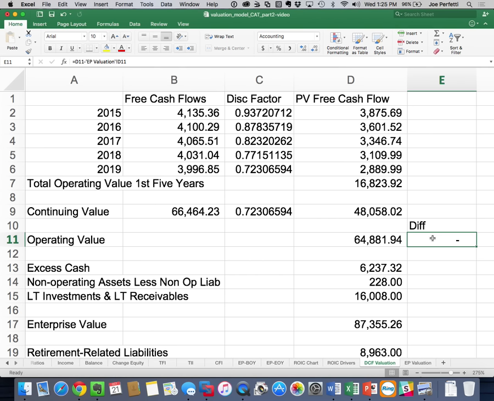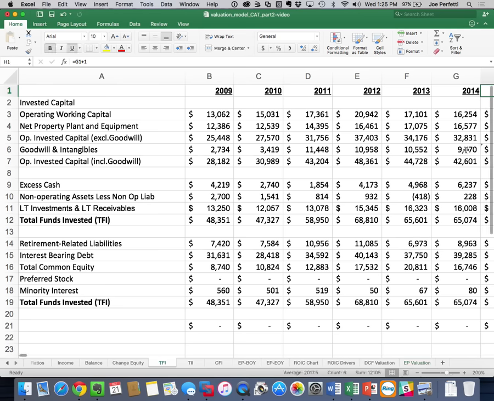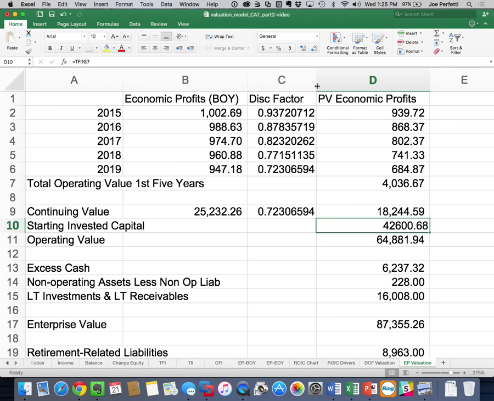Where did I get, sorry, your question was? Where'd you get the starting invested capital? So the starting invested capital is the 2014 invested capital, operating invested capital off the TFI. So G7. So that's the idea of economic profit. Economic profit's a spread-based model. What it says is we started with $42 billion of invested capital.